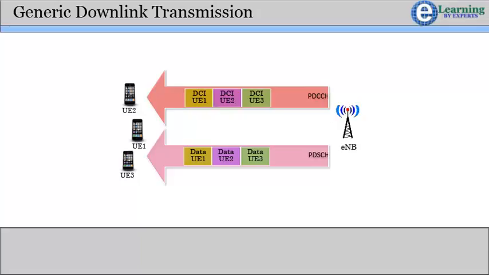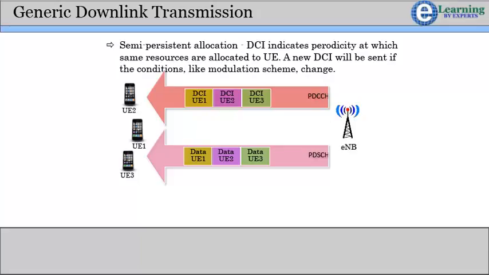We should mention that the ENB scheduler also has the ability to establish what is called semi-persistent allocation on the PDCCH. In this case, the DCI will indicate what resources are being allocated and some periodicity where the UE will get the same resource. It is called semi-persistent since a new DCI will have to be sent if the conditions, like modulation scheme, change.